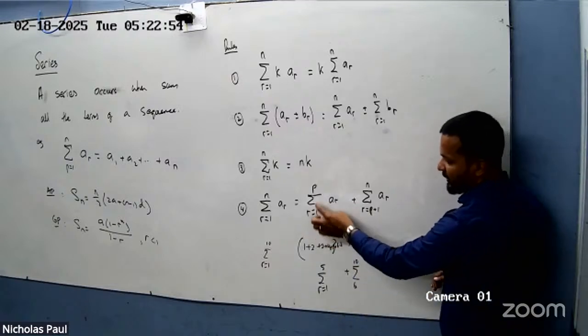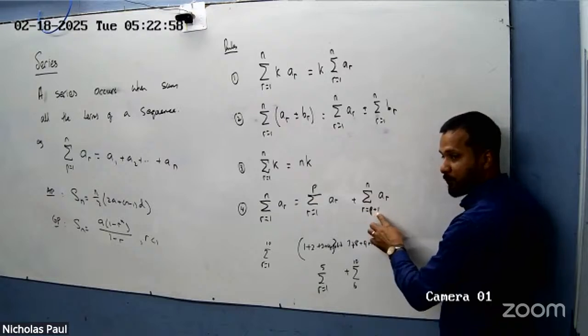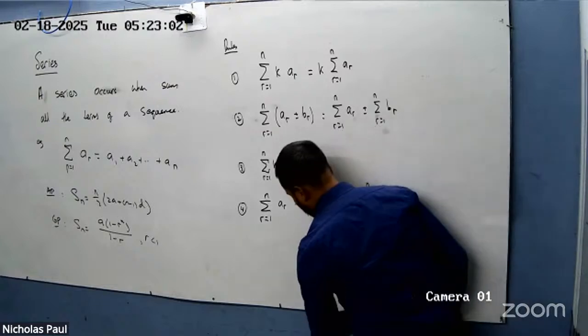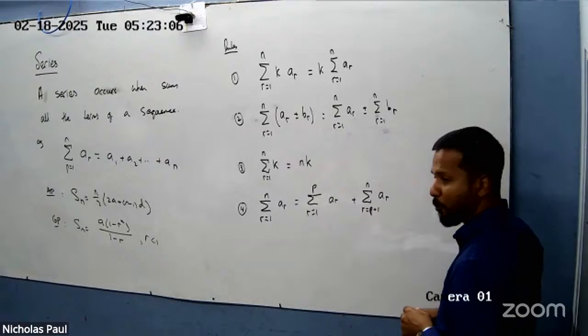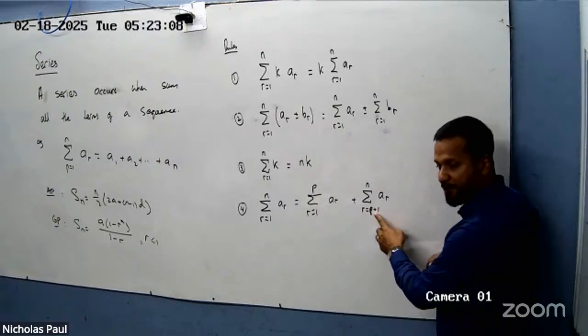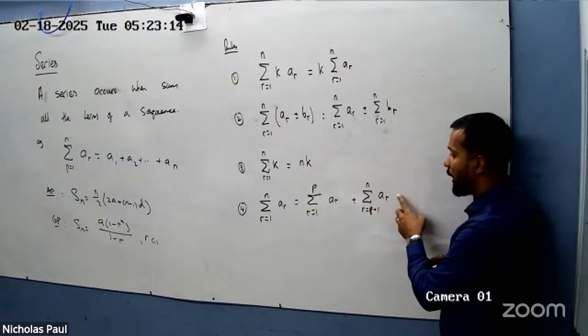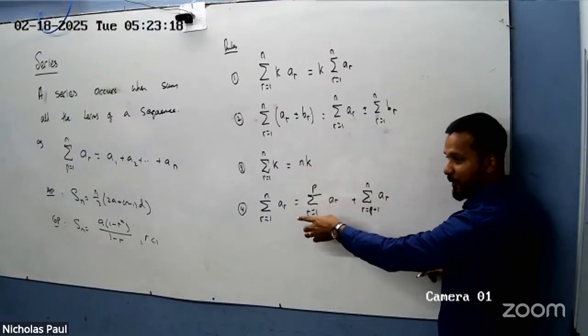So if I stop at the P term, I start back at the P plus 1 term. What would happen if I started back at the P term instead of P plus 1? I'd be adding P twice, so I subtract P for it to be equal.